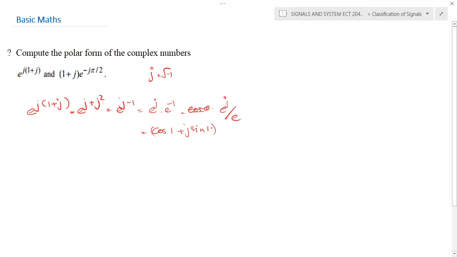Okay. So 1 by e is approximately, I think, 0.367 something. And cos 1 is approximately 0.99 plus j sin, which will be a very small value, 0.006 or something. And if you multiply, it's not an exact value, you can verify these values. Now we need to multiply.